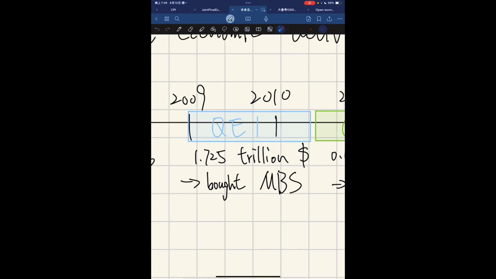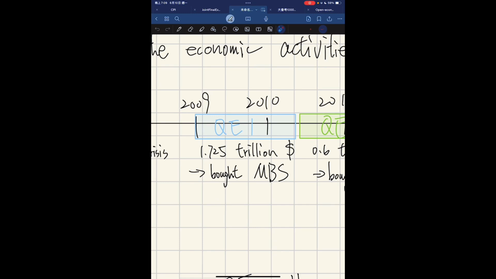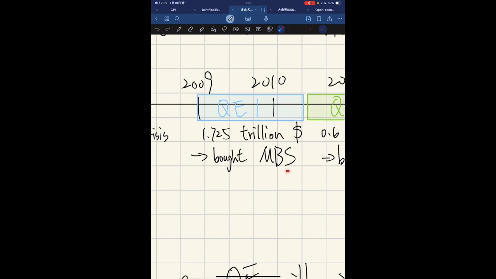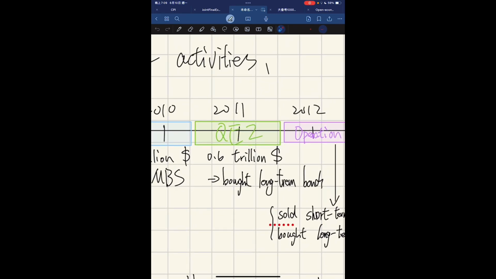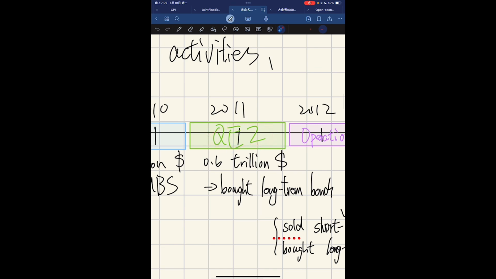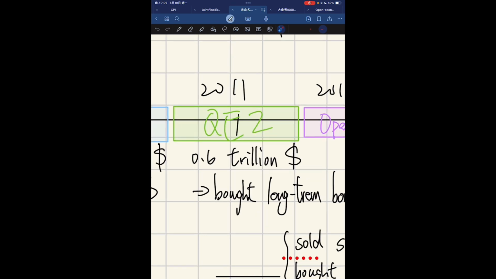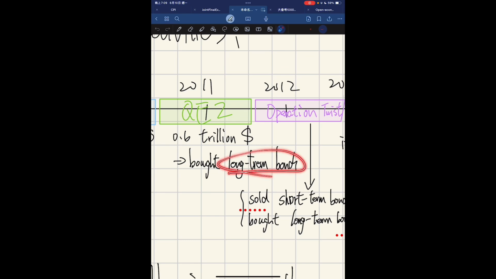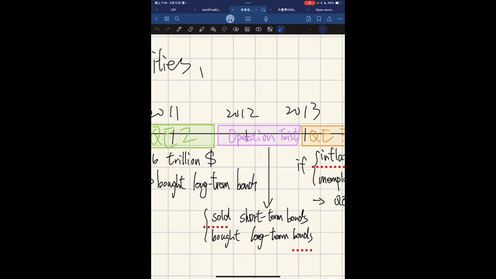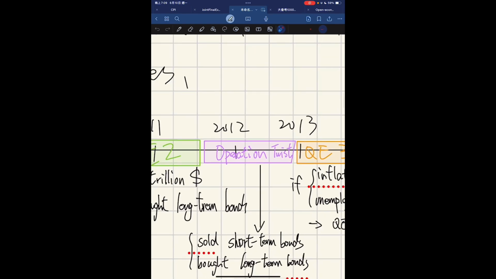The USA government spent 1.725 trillion to buy MBS. And in 2011, QE2, the government spent 0.6 trillion to buy long-term bonds.